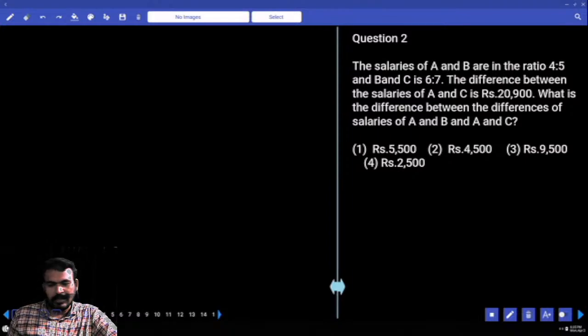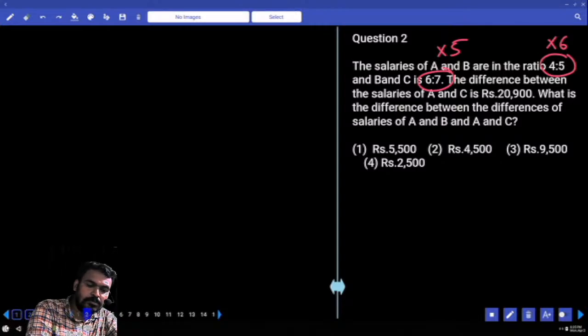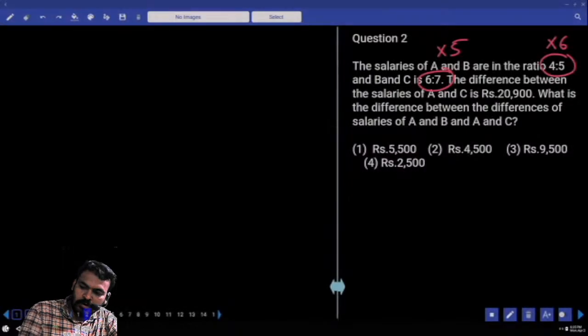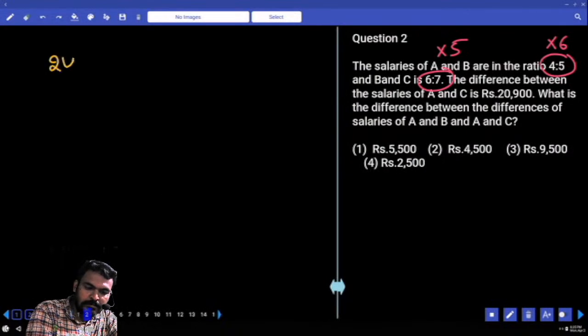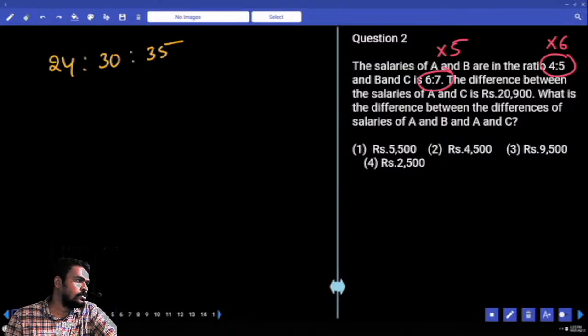In both cases the B value is different. Then the first ratio is multiplied by 6, the second ratio multiplied by 5 or 6. 6 times 4 is 24, 6 times 5 is 30.